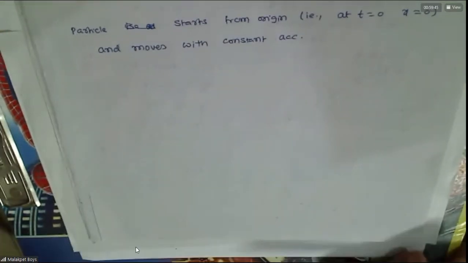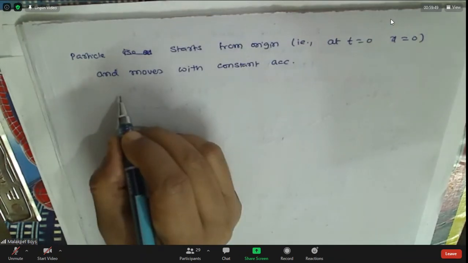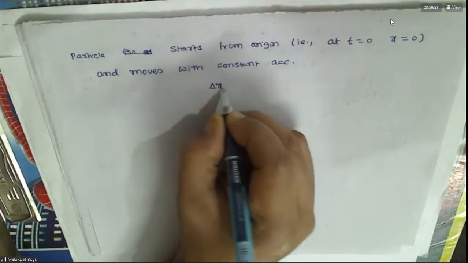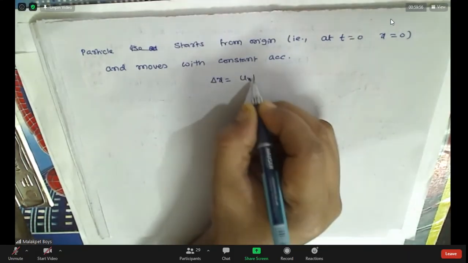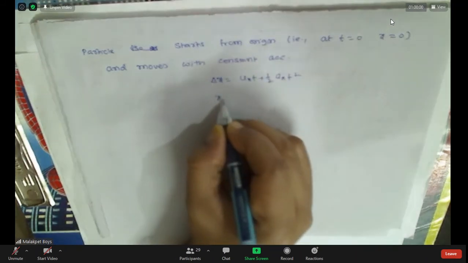Okay. Is it clear? That means you can see that you have delta x equals half a_x t square.